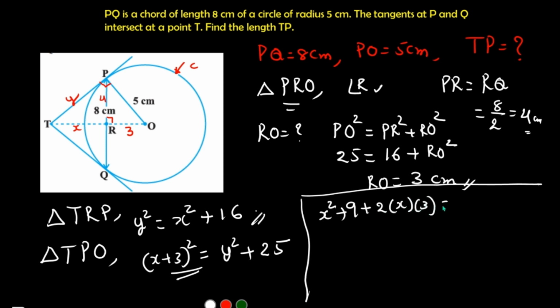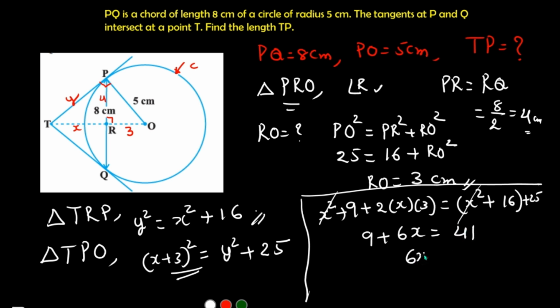Equal to Y square, which can be substituted with X square plus 16, plus 25, right? If you simplify, both sides' X square terms get cancelled. So here 9 plus 3 into 2, 6x equal to 41.